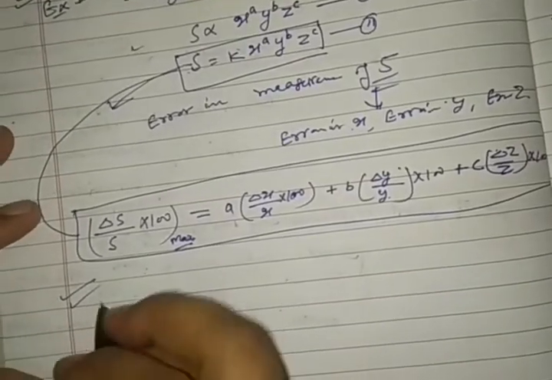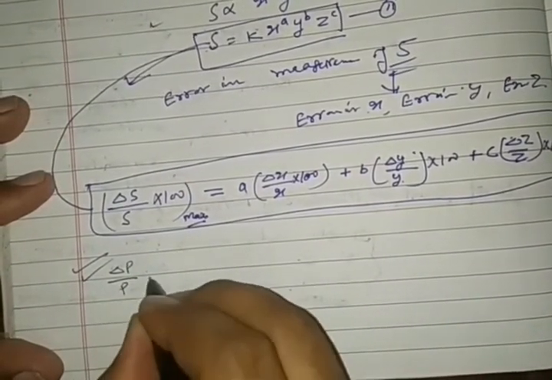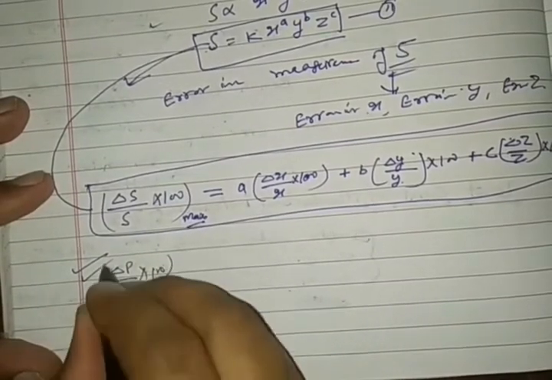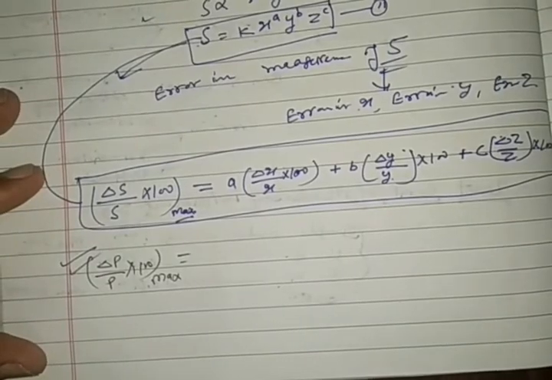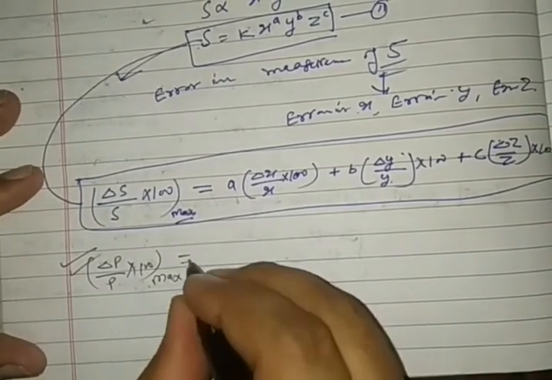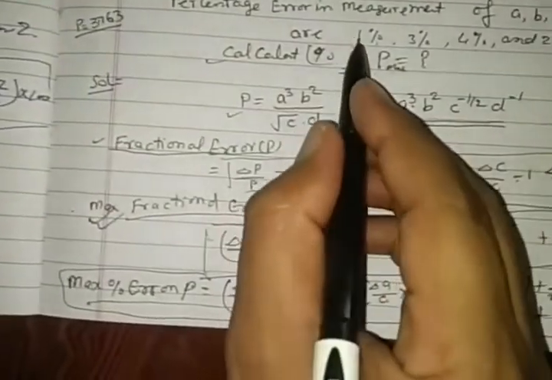Now see, here is space available, so I am going to calculate delta P by P into 100 max, the maximum permissible error. In case of A, it is 3 into the value given in the question, its maximum error is 1%.